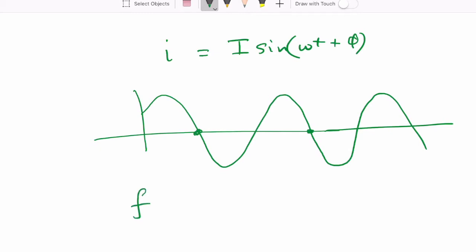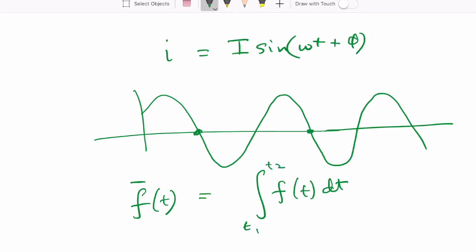If you have some function of time f of t, in general, the average of f of t is the integral of f of t over the period of time that you're interested in, t1 to t2, divided by the range of the variable, t2 minus t1. This is just the definition of the average of a function.